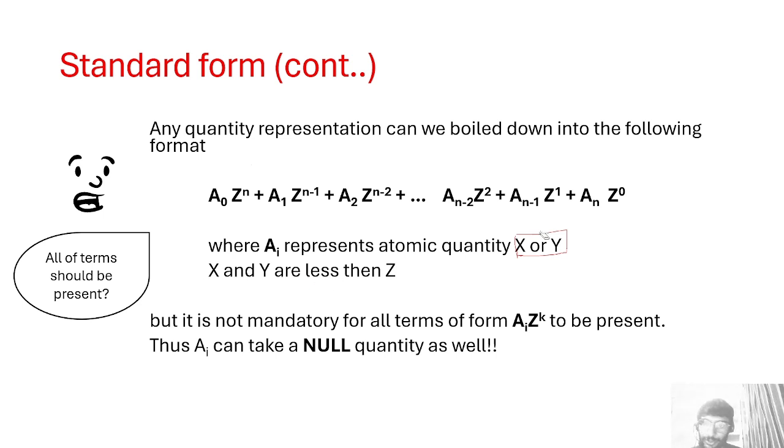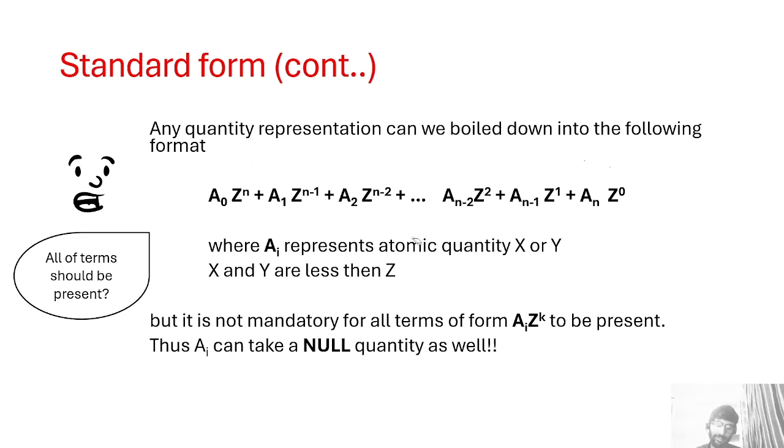So if you are using some other number system which has a, x, z, b, and some other symbols as well, then z will be the highest symbol, the symbol which represents the highest quantity, right? And the a i symbol comes from the whole set of symbols except the highest symbol. So the highest symbol will not be present.